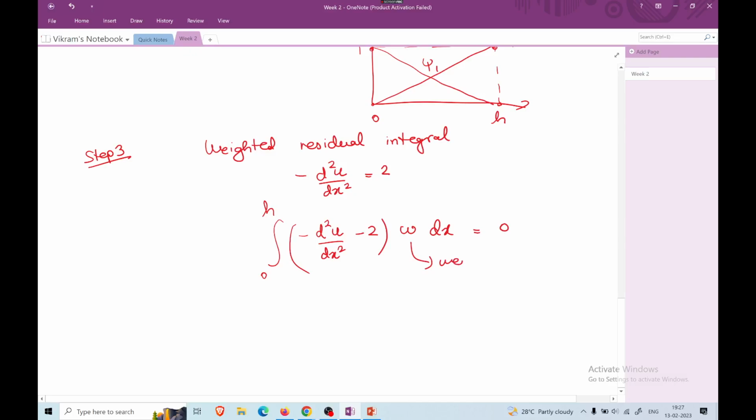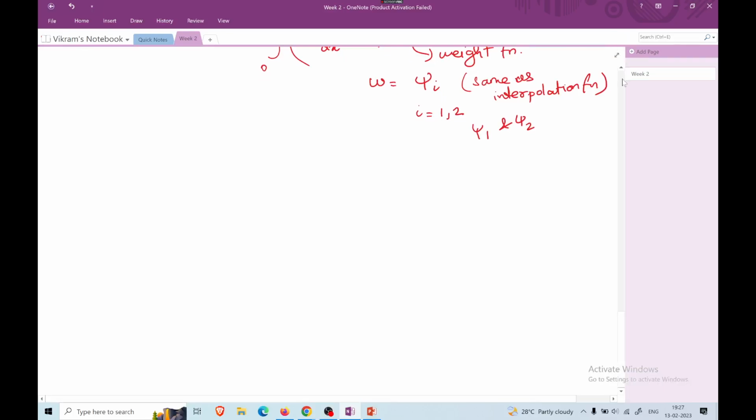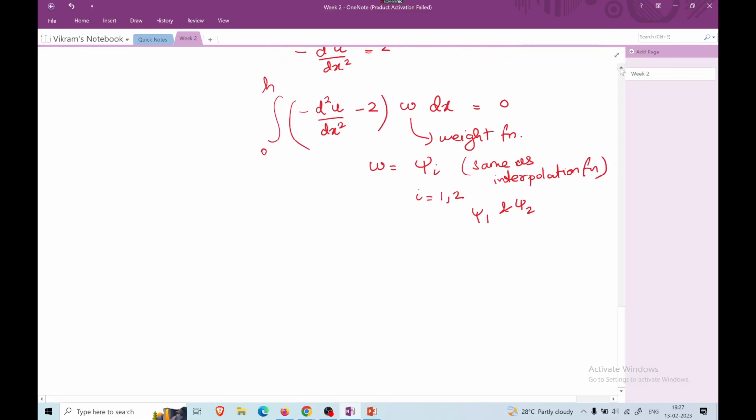This w is a weight function. In our case the weight function is going to be the same as psi i, the interpolation function. Here i also ranges from 1 to 2, so you have two weighting functions, psi 1 and psi 2. This is the weighted residual integral.